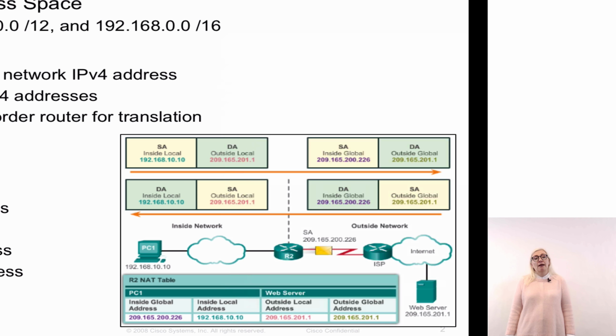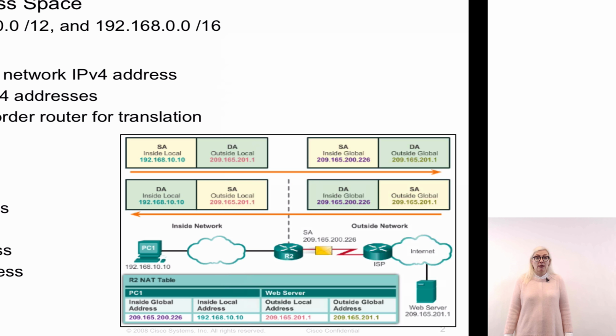When we have NAT, we have this terminology which defines the inside local, the inside global, and then the outside local and outside global. The inside addresses are, of course, the ones that I have on my local area network.